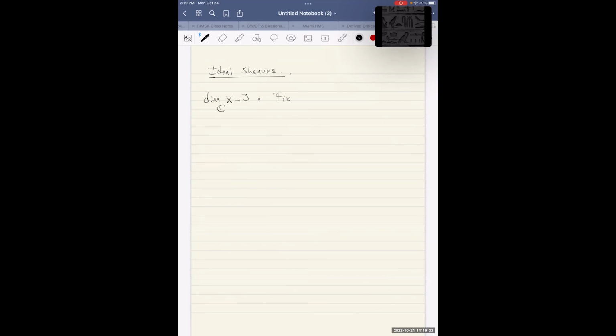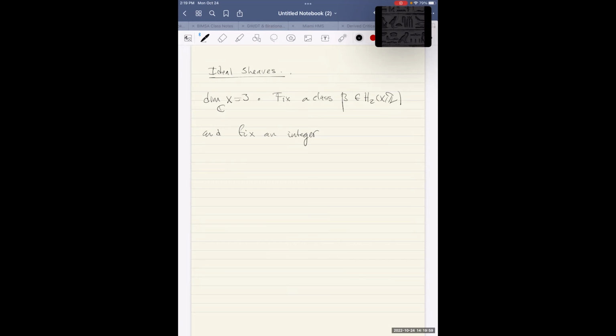Fix a class beta in integral homology of X. It's a curve class. And fix an integer. I'm gonna cook up a sheaf which is very close to a curve in X with class beta.